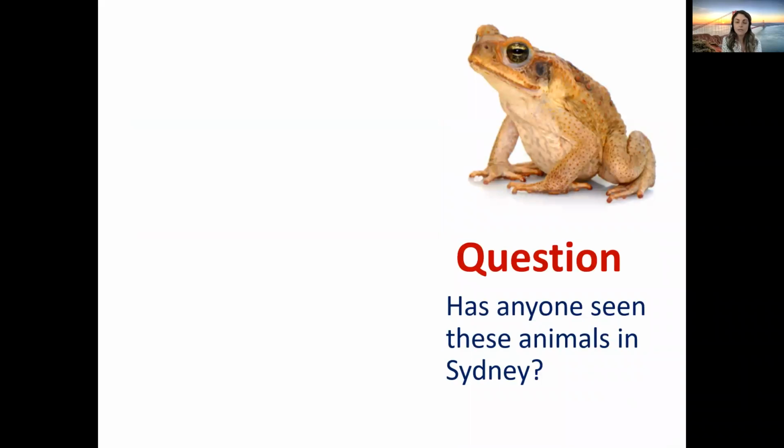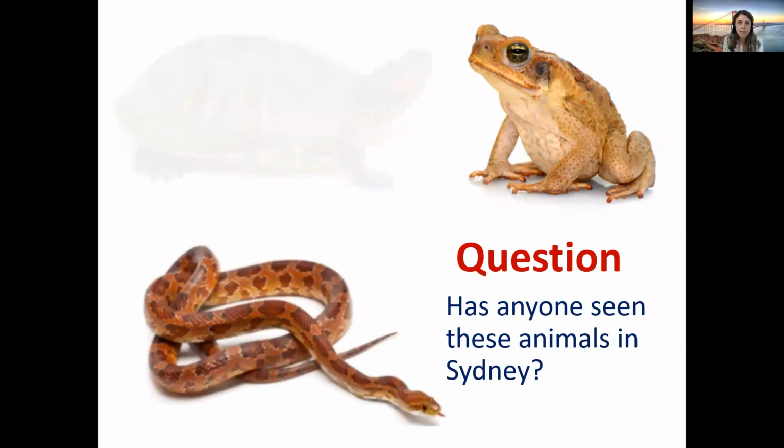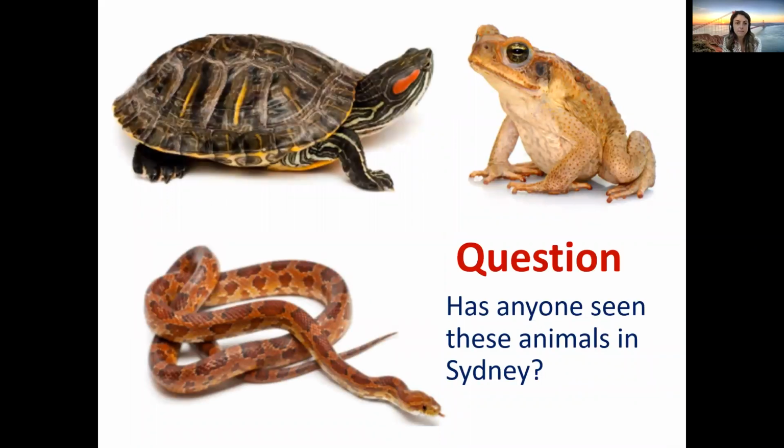So we're just going to come to another poll question, which is, have you guys seen any of these animals here? Which I think is quite similar to our first one, but it'll be interesting to nail down on these 3 species. So they don't commonly occur in Sydney, but I'm just curious if you've seen anything similar to this in the Sydney region, or if you've heard anything similar, for that matter.